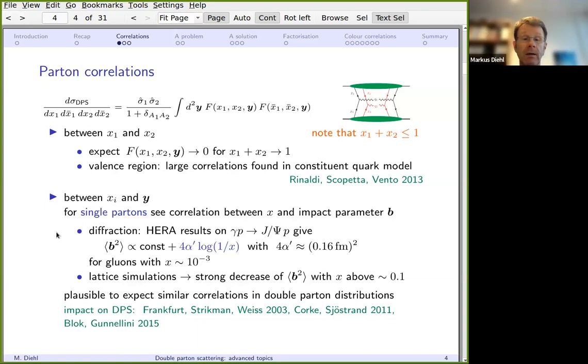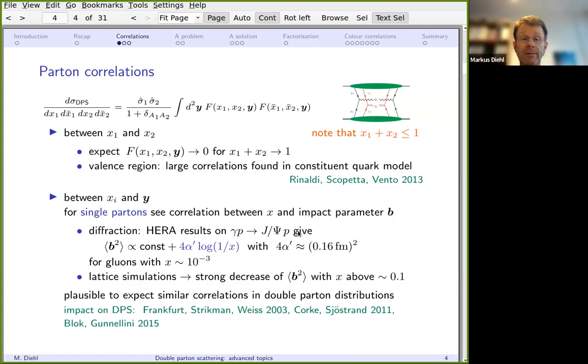There, the measurement found that if you convert the transverse momentum spectrum of the scattered proton by a Fourier transform into an average impact parameter squared, that was sensitive to the x values at which you probed the gluons. And they found this parameter, which people from the older generation will recognize from the notation as what was called shrinkage some 50 years ago.